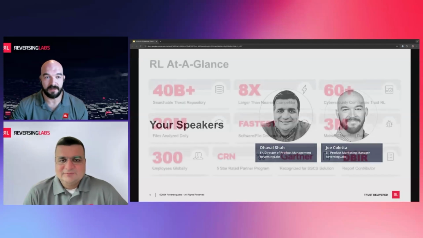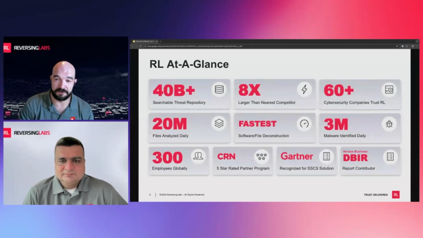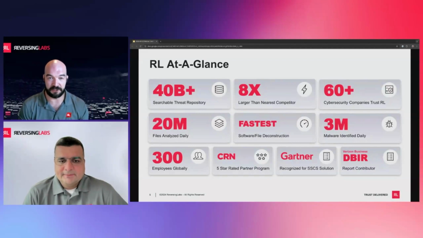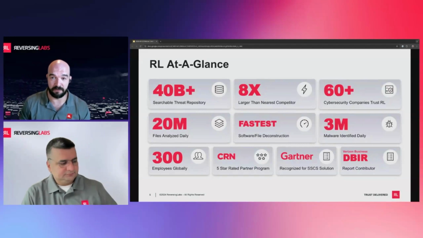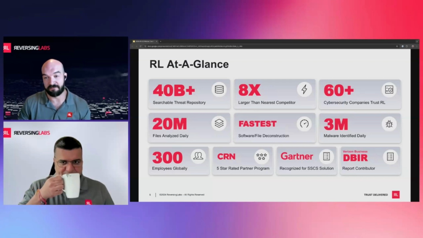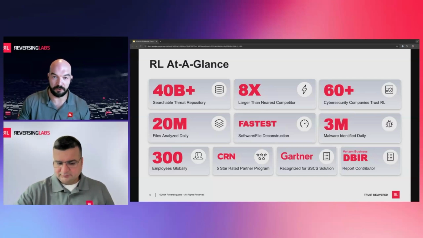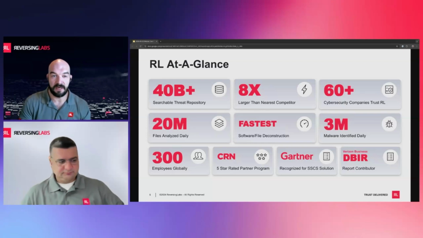Awesome. All right. So just a quick introduction of who we are at ReversingLabs for those who might be unfamiliar. We are the trusted authority in software and file security with solutions that have continually improved over the last 15 years. That's how long we've been going at this business. Our threat repository tracks over 40 billion files of both malware and goodware, and that number continues to grow with our threat research team methodically analyzing and categorizing new instances of malware and goodware on a daily basis.